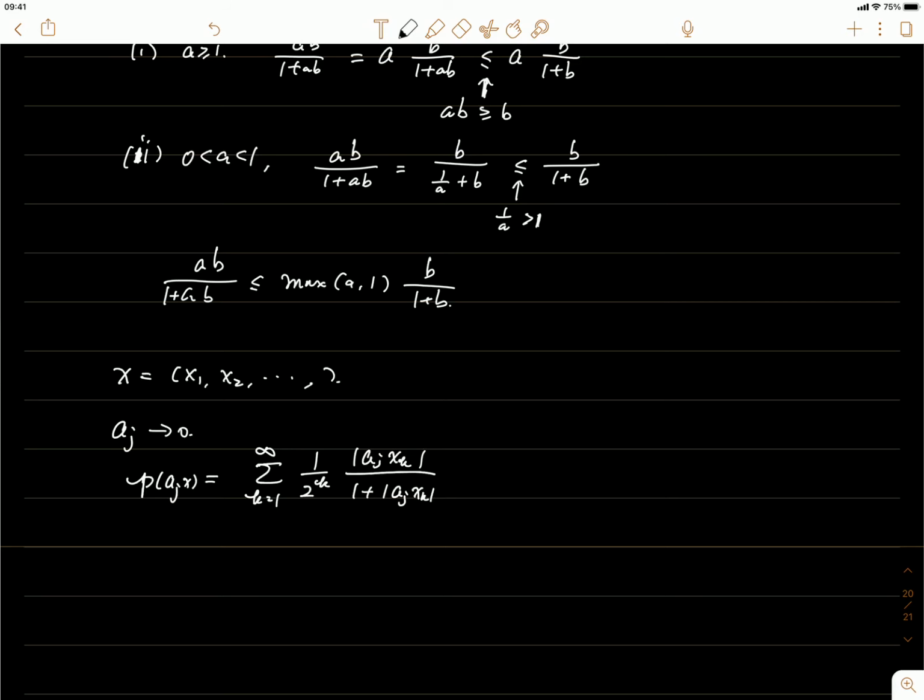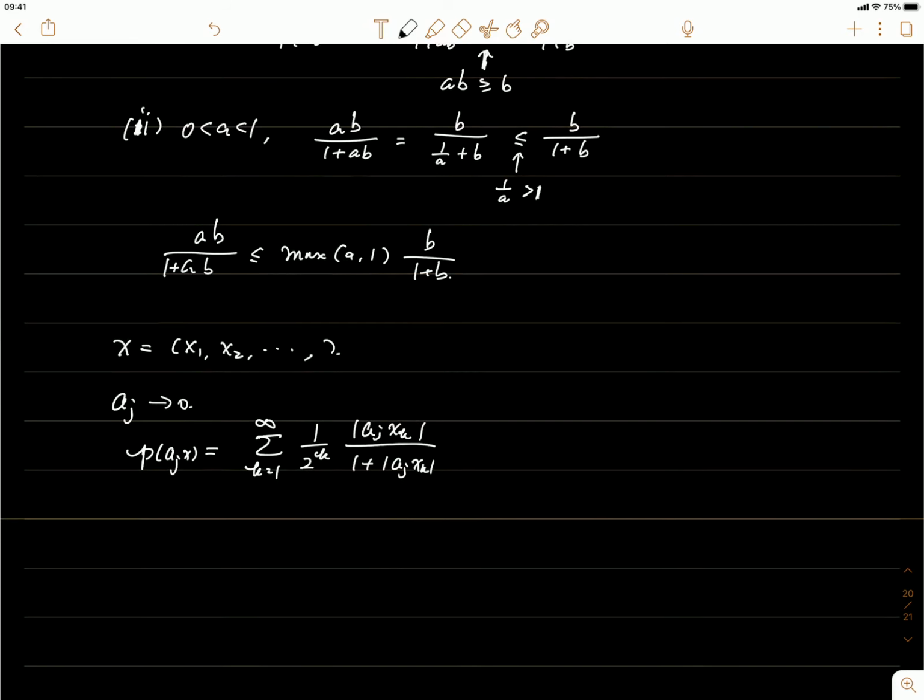Okay, the trick here is to notice that, first of all, when k is large enough, this term is anyway less than or equal to 1.